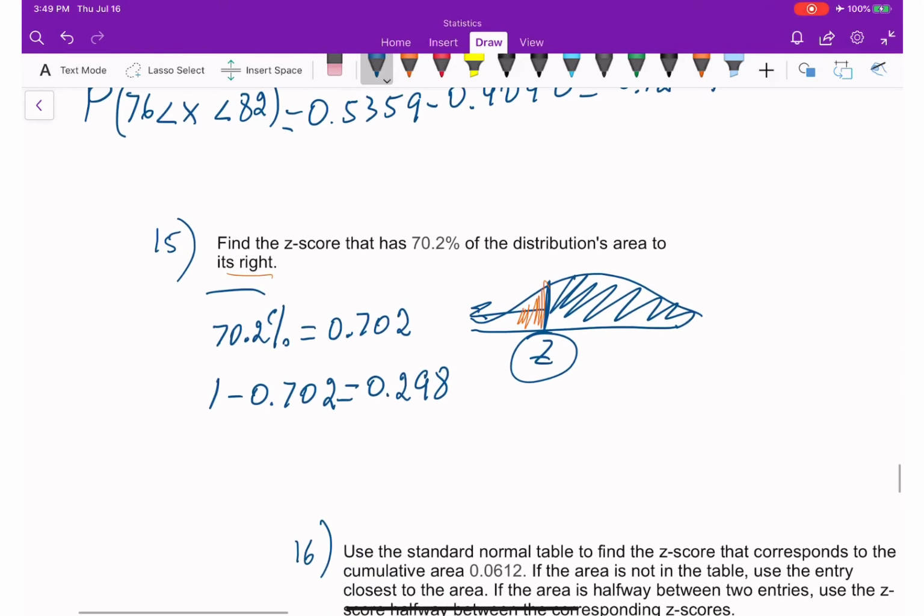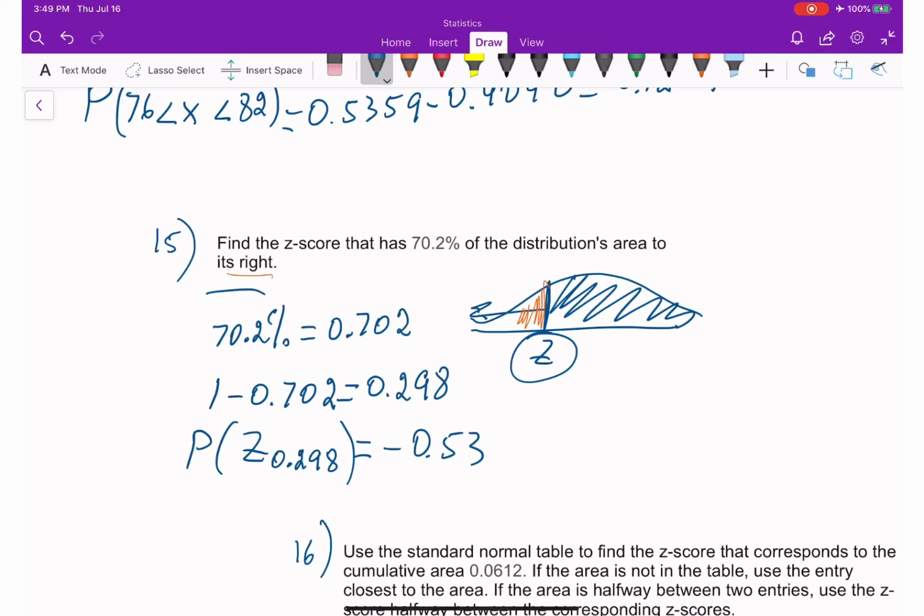All right, so the z-score for 0.298 is going to be equal to negative 0.53. So the probability of z-score less than or equal to 0.298, that's another way to write it down, will be negative 0.53.